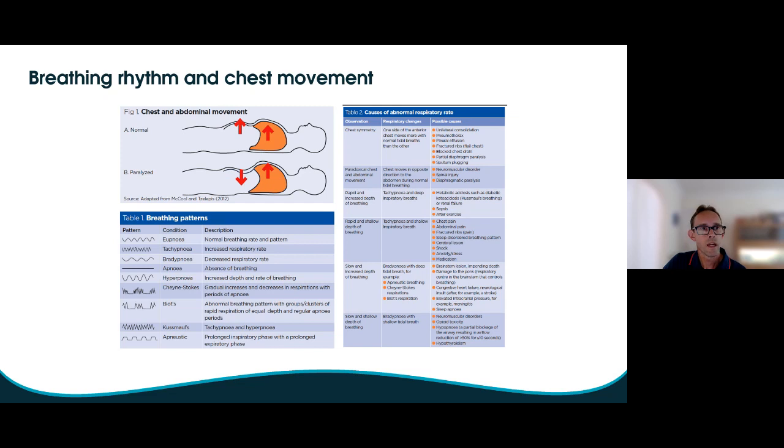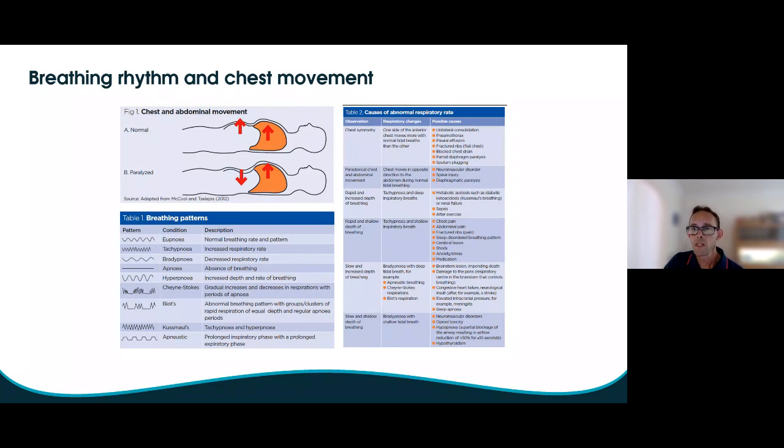Paradoxical movement, as shown by figure 1, shows that A is normal, so the same direction of travel for the chest and the abdomen. In patients who have, say, a neuromuscular disorder where they've got a weakened diaphragm, you may see the abdominal muscles move in a different direction to the chest, and this is abnormal. And abnormality in respiratory rhythm may be related to changes in the patient's metabolic state.